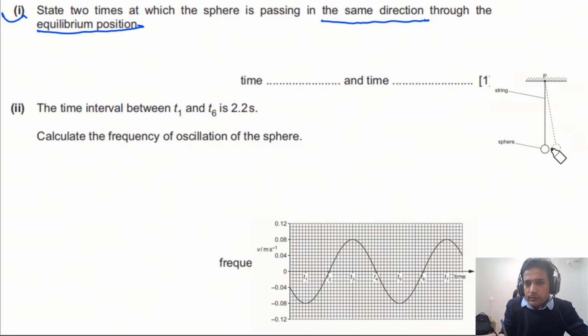Now at this point, first of all, let's say when the sphere is moving this way, this is the negative direction we are taking. It will go this way, then it will come back, and when it comes back, this will be positive. Let me redraw this for better understanding. First of all, let's say it's moving this way, so this direction we are taking as negative.